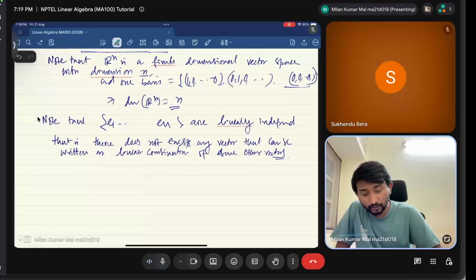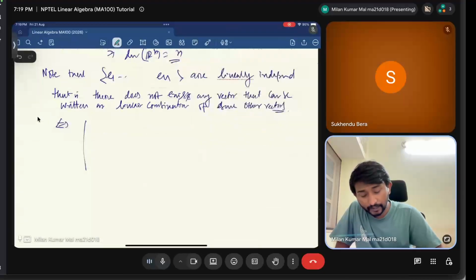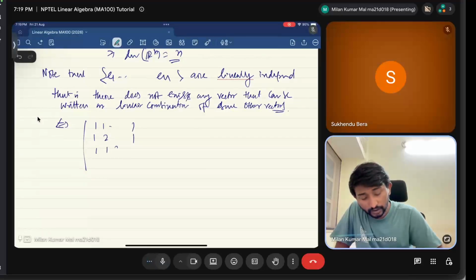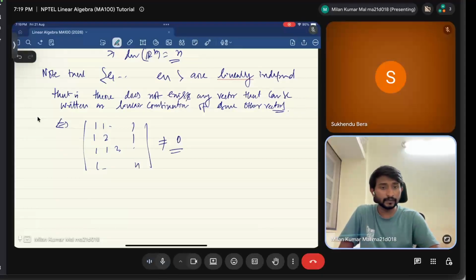Okay, so that is equivalent to the fact that the determinant of the matrix with rows 1, 1, 1, ..., 1; 1, 2, 1, 1, ..., 1; 1, 1, 3, ..., 1; all the way to 1, n, is not equal to 0. Linearly independent means this is equivalent.